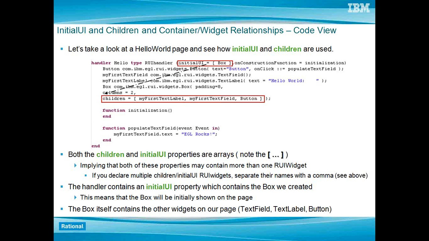These 3 widgets will be displayed inside of the box, and the box itself is going to be displayed as the initial UI of this rich UI handler. Later on, dynamically, we can add more children inside of this box, or even directly add a different box as the initial UI of this page. So dynamically, our rich UI handler will behave differently. It will have a different style and different widgets.